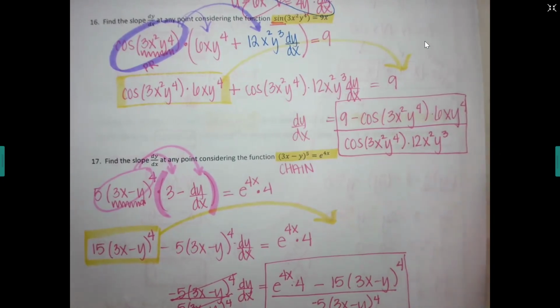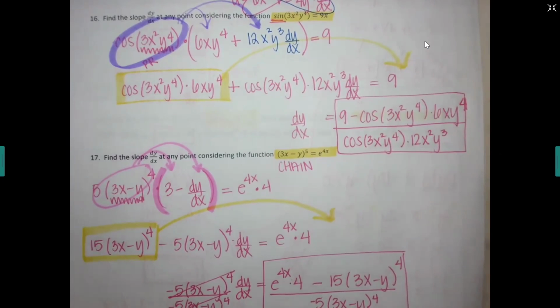Okay. So kind of give yourself a minute to process that. Think about if that makes sense. That for the level 3s, you're going to distribute what's on the outside to get rid of those parentheses so that you can pull the non-dy dx term across and then divide the other term to the bottom. Okay?